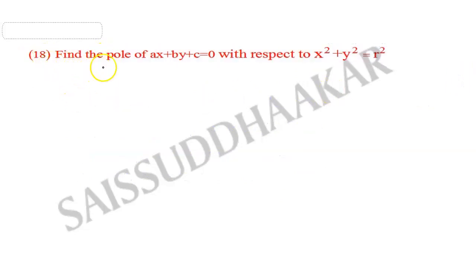So here the next question is: find the pole of ax plus by plus c is equal to 0 with respect to the circle x square plus y square is equal to r square. So here first we need one formula for pole.